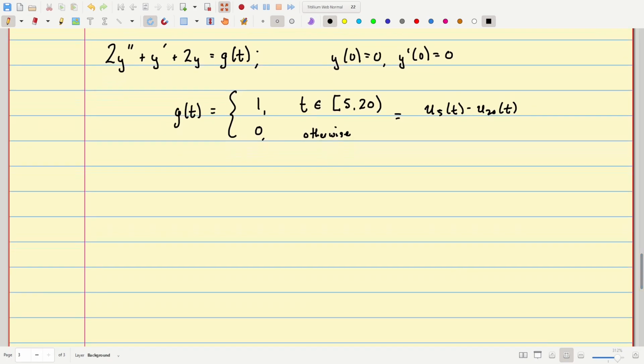What we're going to need to do now, with this understanding, is work on our differential equation. So we replace the expression on the right-hand side with this equivalent one, and now take the Laplace transform of both sides of the equation.